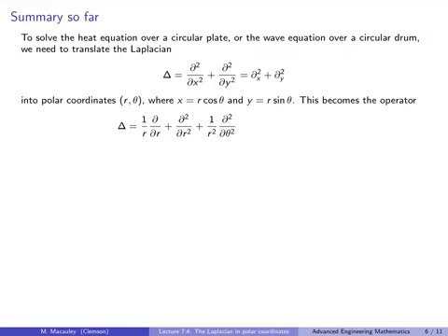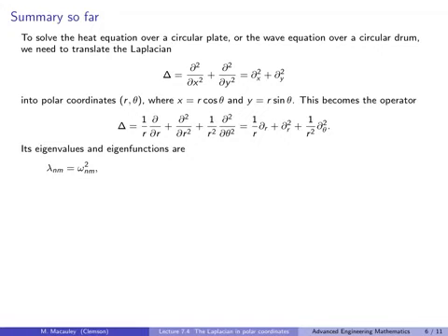This becomes the following operator: 1 over r times d/dr plus d squared/dr squared plus 1 over r squared d squared/d theta squared. And here's a slightly shorter way to write it, if you prefer. There is a 2-parameter family of eigenvalues of the form lambda_nm, which is omega_nm squared.